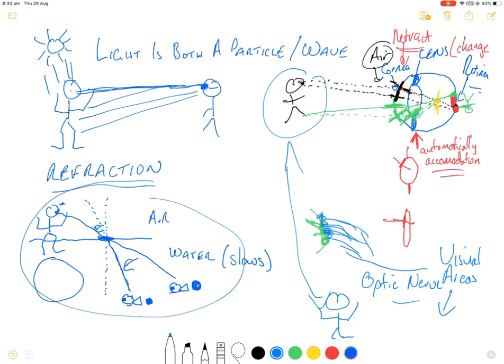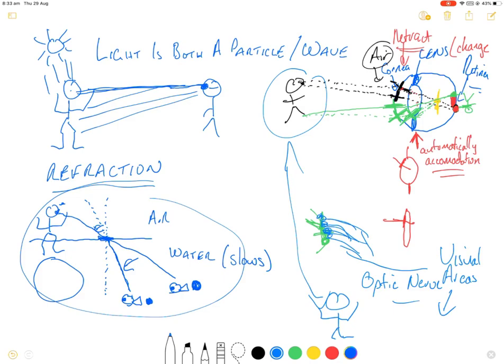Then, as the week goes on, you'll look at what happens in the eye. Dr. Yusuf will go into a lot more detail about what I've talked about here: the light rays first enter the eye via the cornea. That's where you have the greatest refraction occurring because of the change in medium, and so most of the light is bent at the cornea.